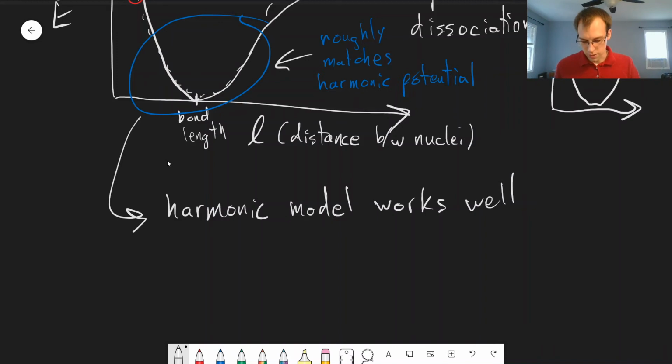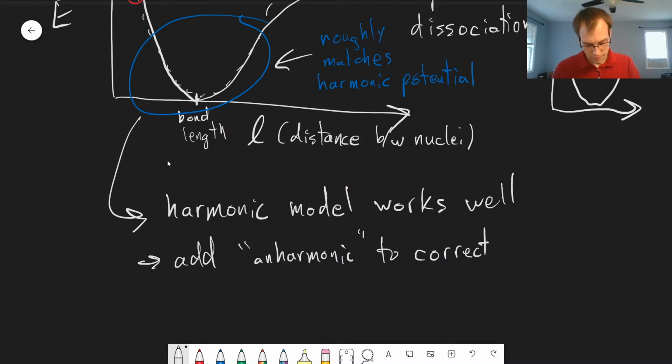But as we get away from that potential minimum, it gets worse and worse. If we want to correct for the fact that it's not actually harmonic, we can add what are called anharmonic terms to correct for differences.